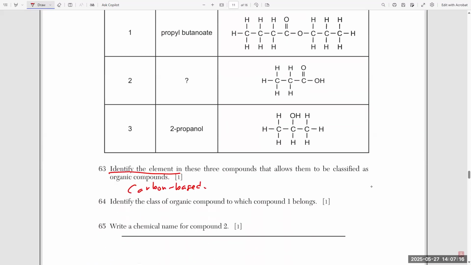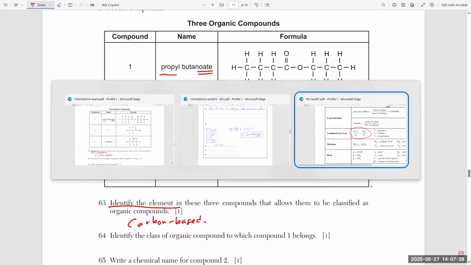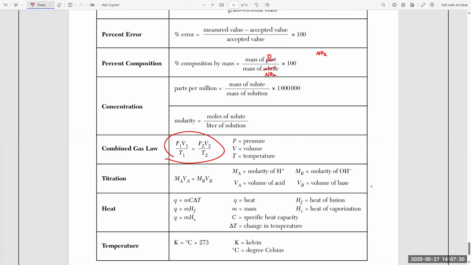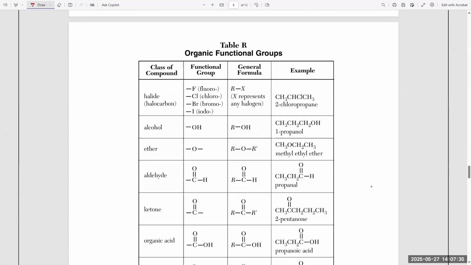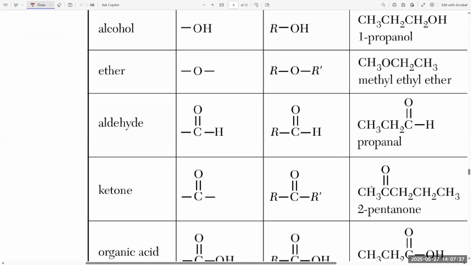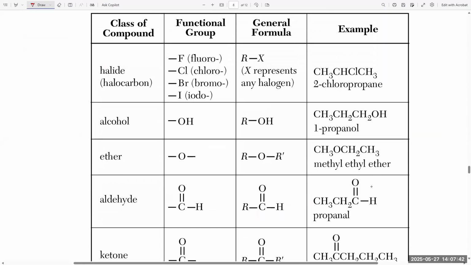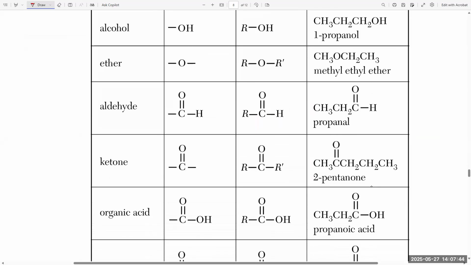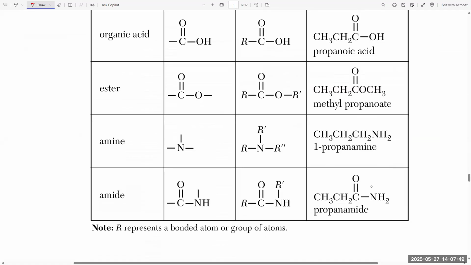64, identify the class of organic compounds to which compound 1 belongs. Compound 1 is a propylbutanoate, right? So ready? That's the key, the ending, okay? So let's go to organic molecules and go to the list right here. And then what we're going to do is we're going to look for something that has oate, okay? I'm scrolling up and down and look at this.